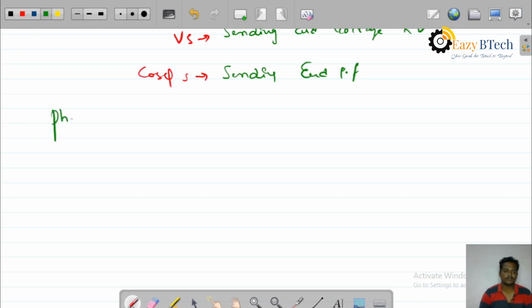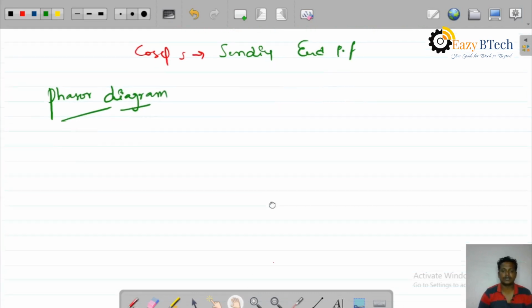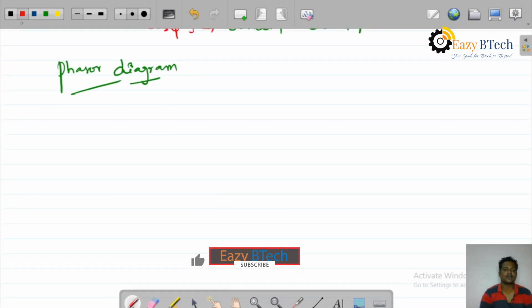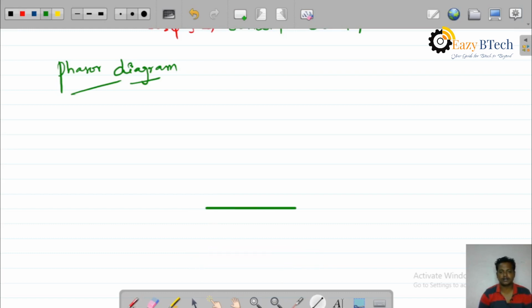First we will see the phasor diagram for short transmission line. I am taking the current vector as the reference vector.